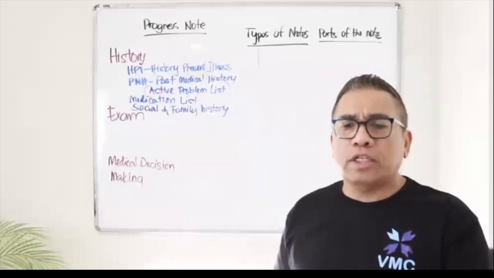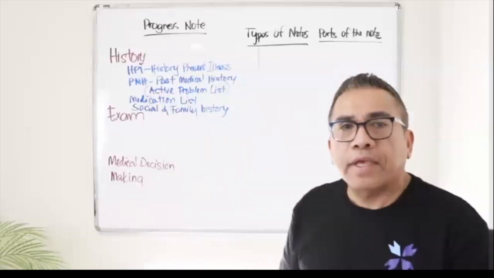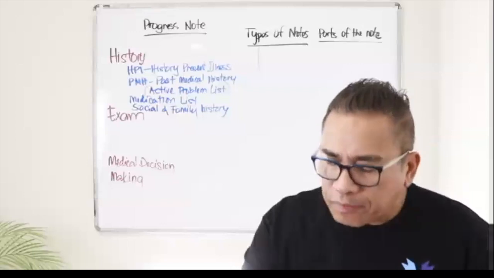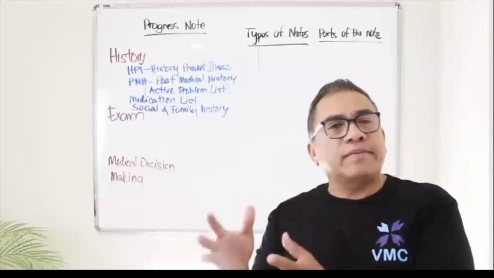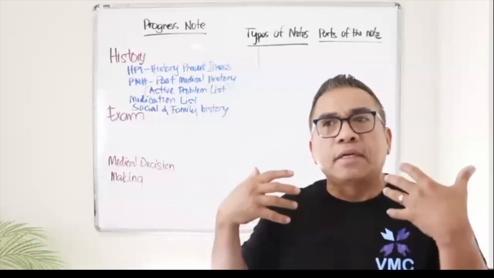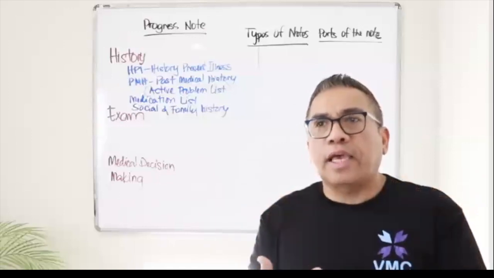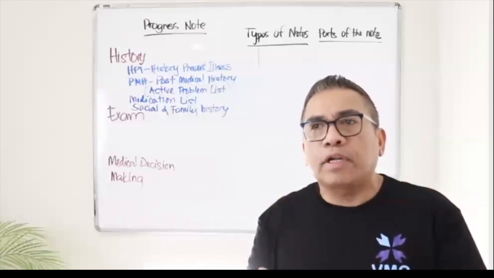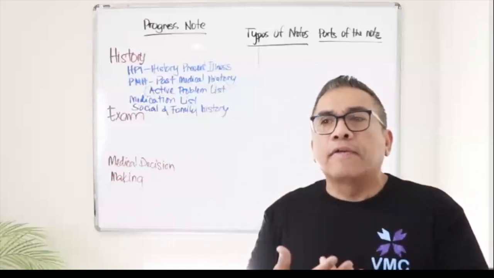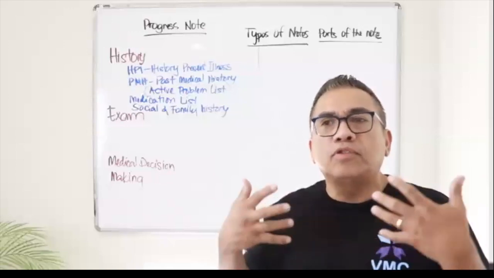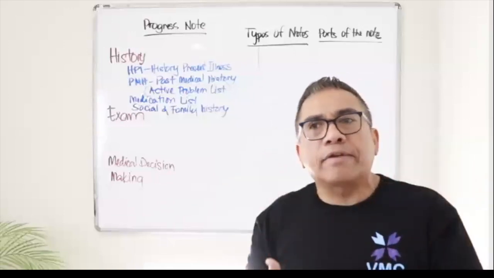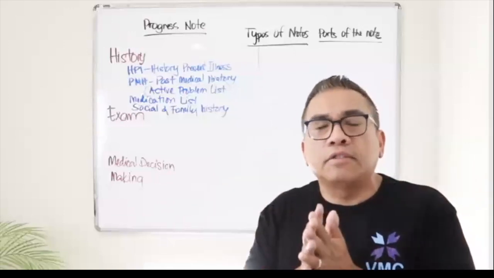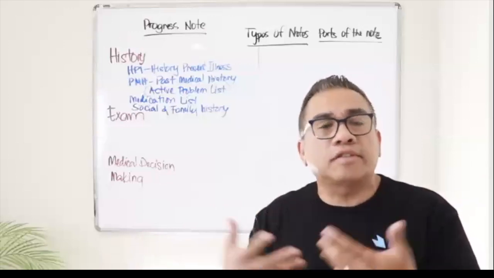What about social history, guys? Social history is basically the rest of the information, and I would say it is also an important determinant for the doctor to be able to make a better judgment of what you may have or what causes the disease.